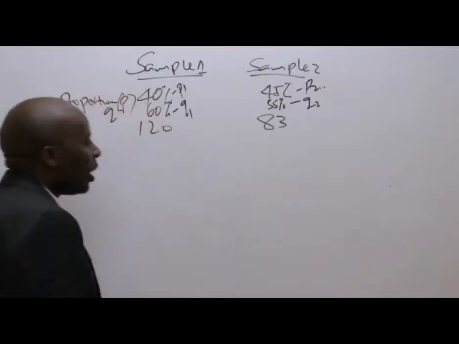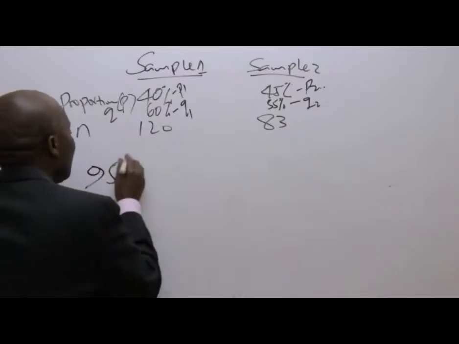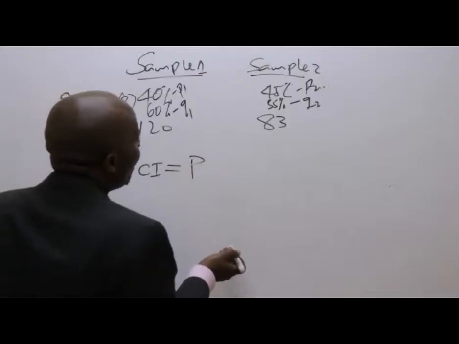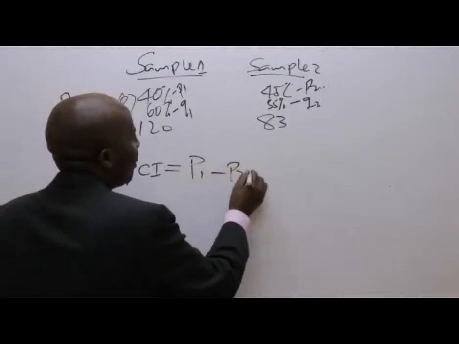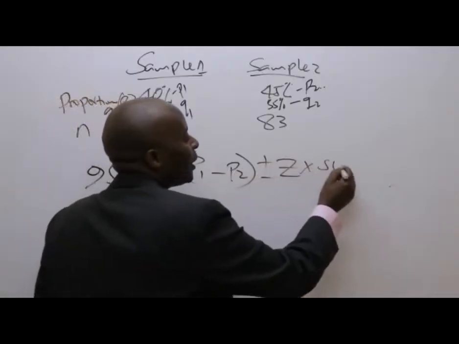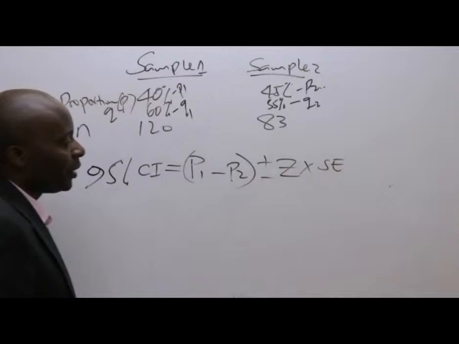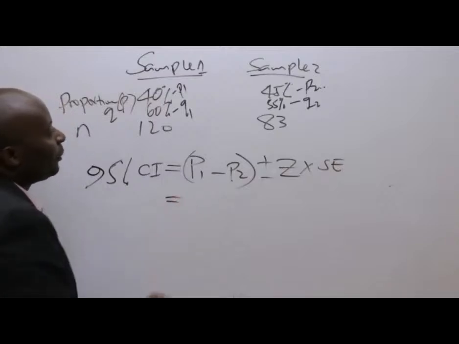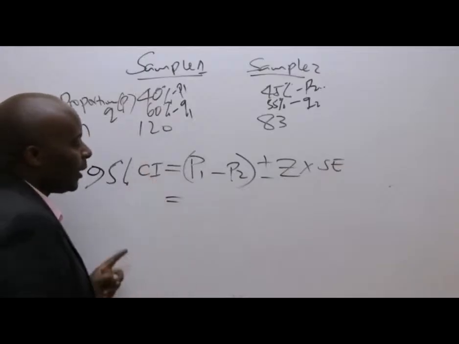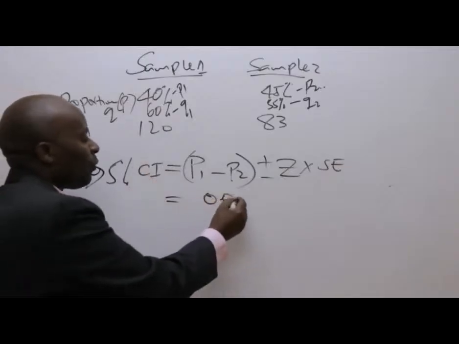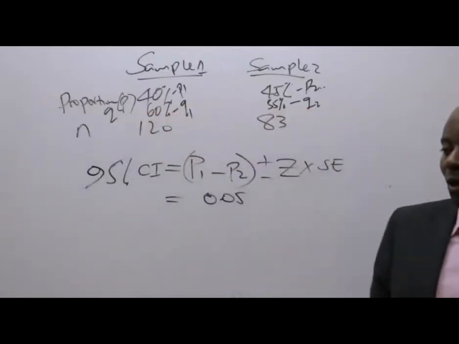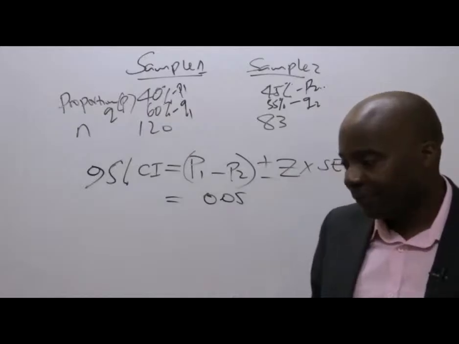The 95% confidence interval of the difference between our proportions will be P1 minus P2, plus or minus the Z times the standard error that you gave me. P1 minus P2 is 40% minus 45%, the same as 0.05 positive. Whenever you get negative, you disregard the negative.